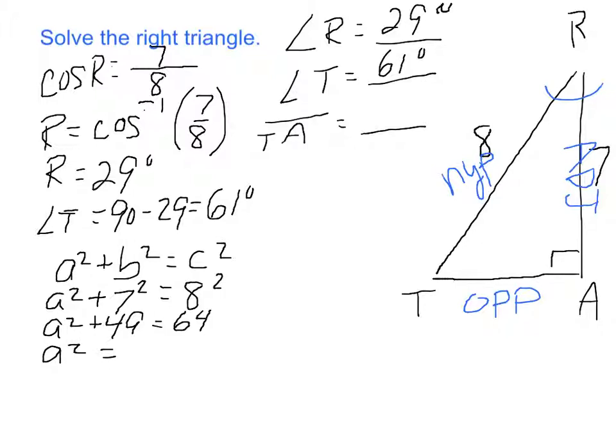And when I do that, I get a squared is equal to 15. Now to solve for a, remember, a squared means a times a, not a times 2. So I have to square root both sides to get my answer. And a is equal to 3.9 if I round to the nearest tenth. So TA is 3.9. And I'm done.